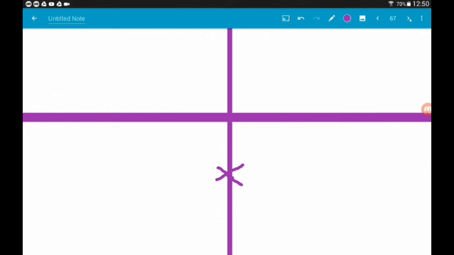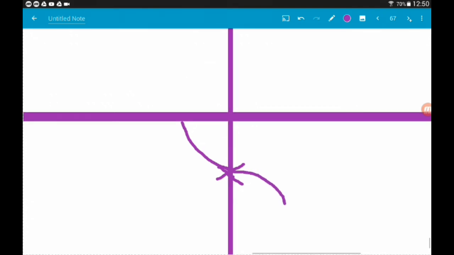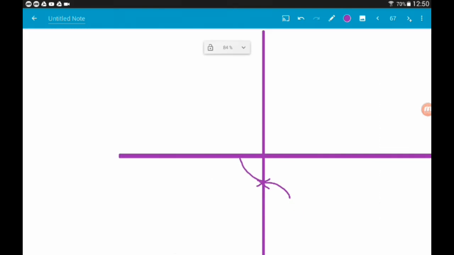So we know the curve is doing something like this at this point. Now there are no stationary points to the left of this point, so the graph is just going to shoot on up to infinity.